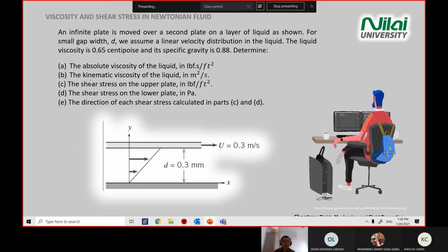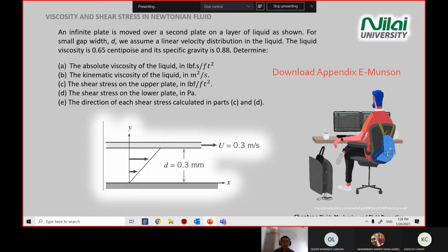The second one deals with kinematic viscosity, then shear stress at the upper plate and shear stress at the lower plate, each in a different unit, and the direction that we need to draw depending on the answers we solve in C and D.